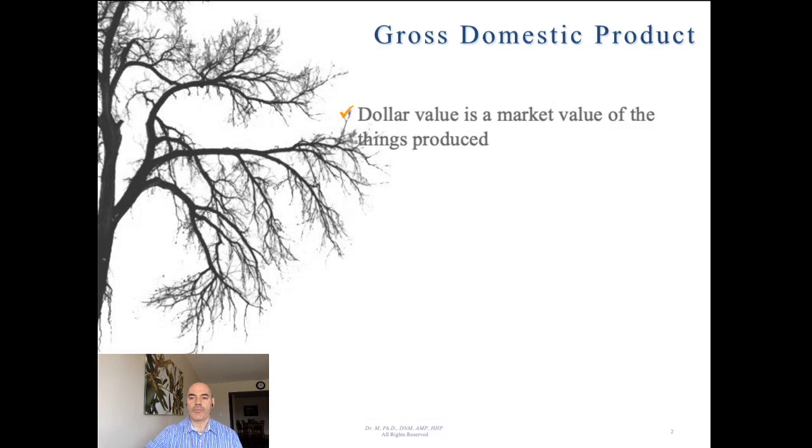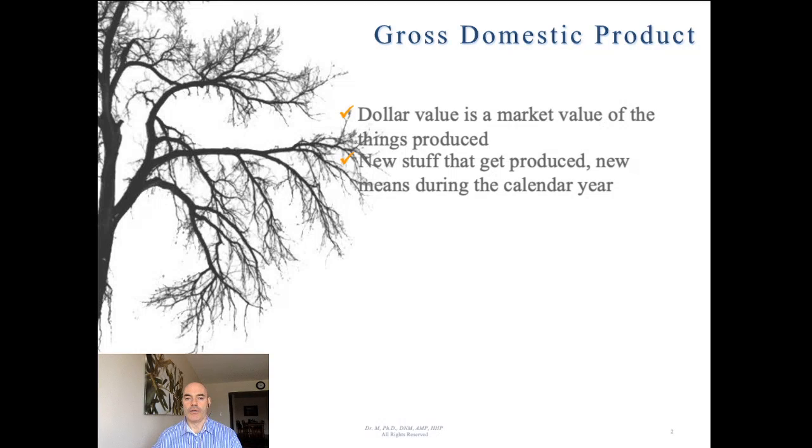The way to think about GDP, or gross domestic product, is as a dollar value that is first defined as the market value of things produced. So GDP is measured in terms of dollar value, and it is defined as the market value of things that are being produced.